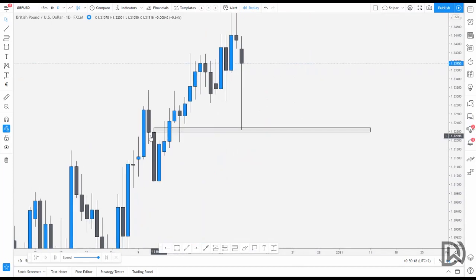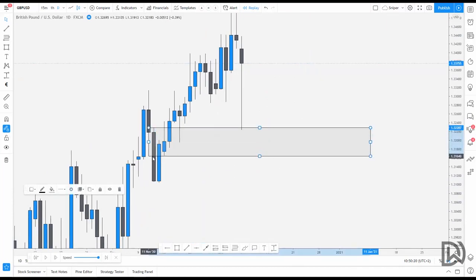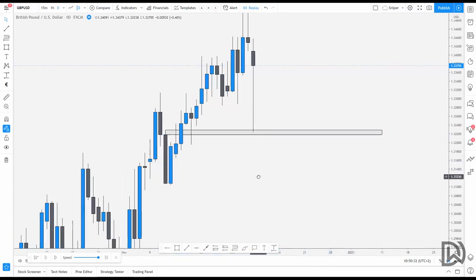But we can take even the first half of the order block. The general idea is that the wick and the body close is where we want to look at price for our order block level.